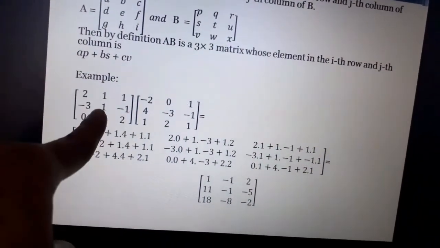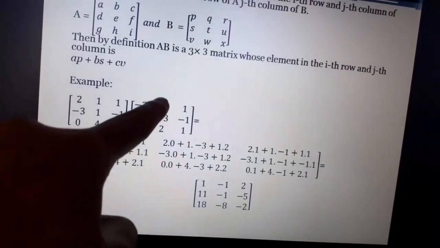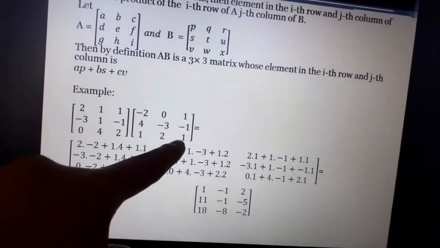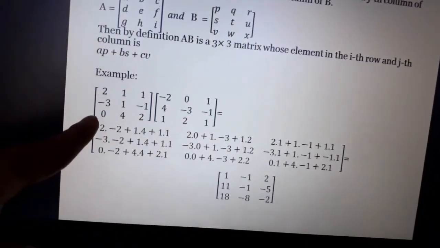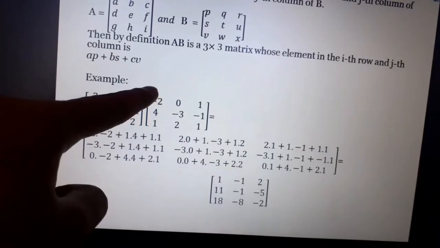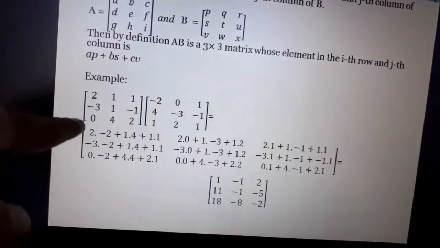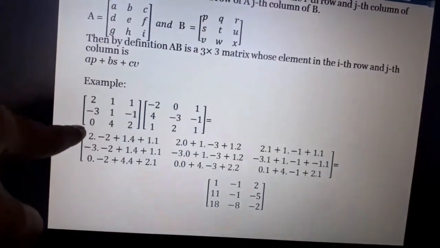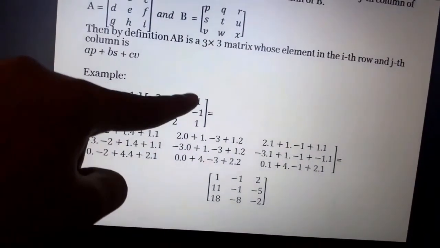Second row with the second column, and second row with the third column. And then the third row with the first column. Third row with the second column, and third row with the third column.